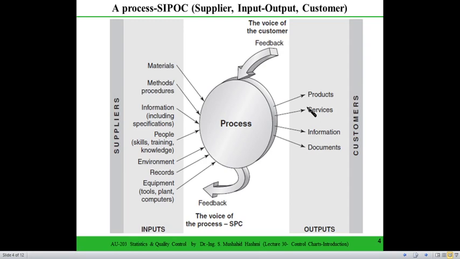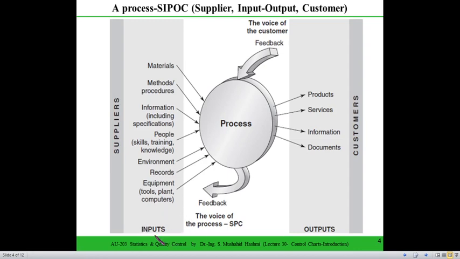If you look at the process, what is coming into the process is all the inputs. These inputs could be your material input, information input, the skill set of the operators, or the environment that plays a role in bringing this input into an output and affecting the process, as well as documentation and records.